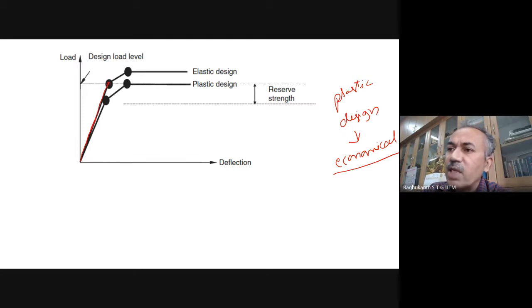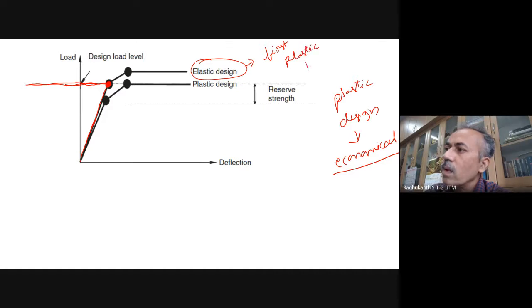In elastic design, the design load is like this: once the first hinge starts to form, the structure is assumed to have reached collapse. That is the assumption in elastic design. So you are not allowing the first plastic hinge; when it forms, that is our design load. So the elastic design goes like this.